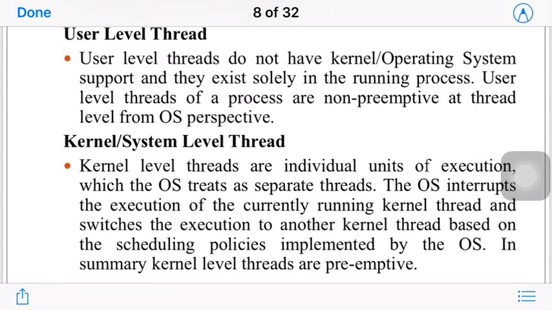The OS will interrupt any particular thread and give the authority to another thread to use the CPU. That switching of threads or assigning the priority of the thread is done in kernel level threads by the operating system, depending on its policies. There are different ways of scheduling these threads, and we'll be discussing that in more detail.